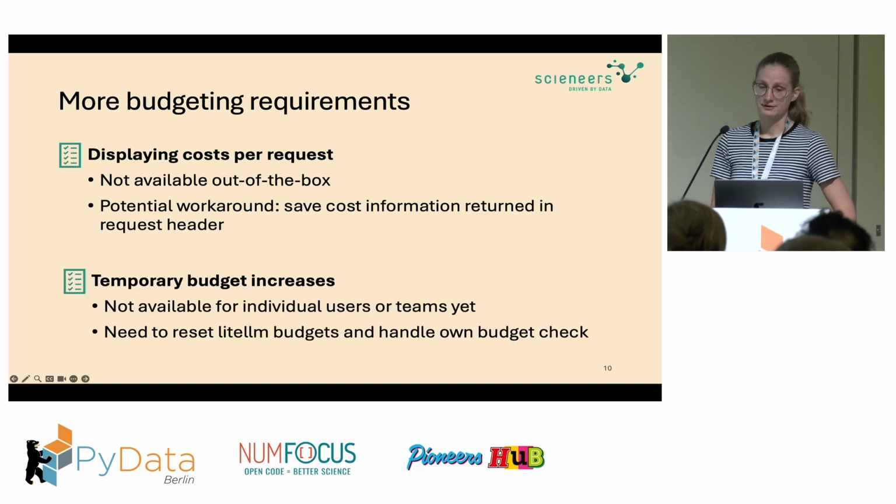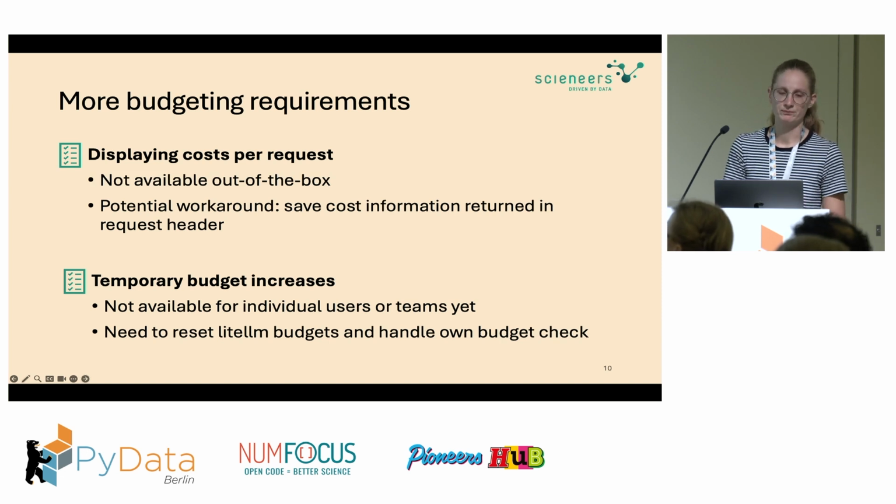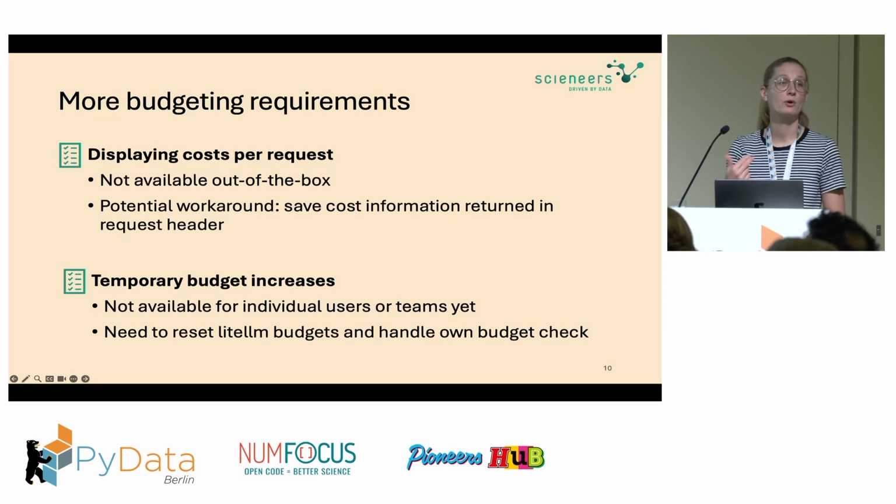A second request: there are many courses which use the API keys, and they should also be allowed to use more of their budgets, for example for a semester project. That's why they ask us if we can implement temporary budget increases for just some sub-part of the users.